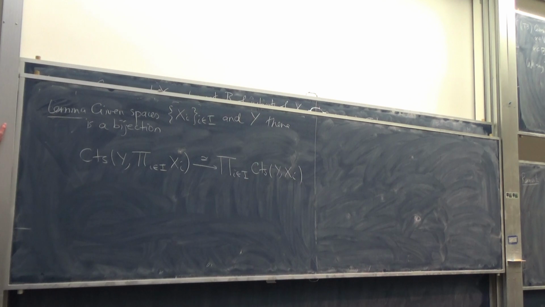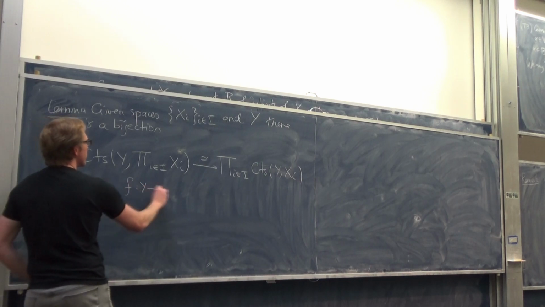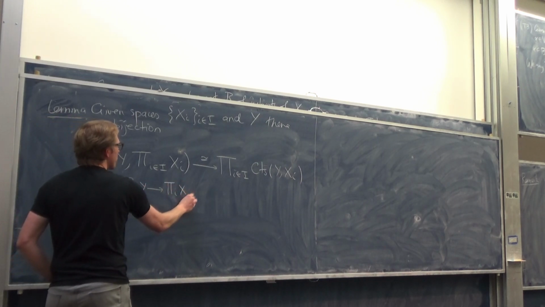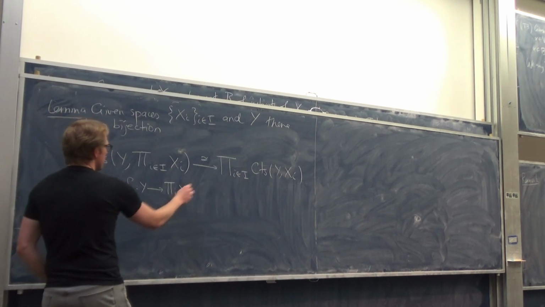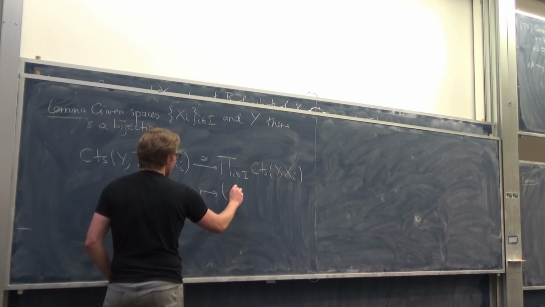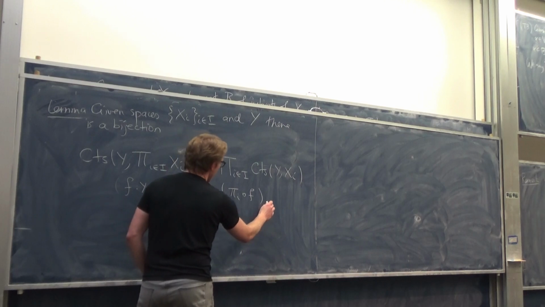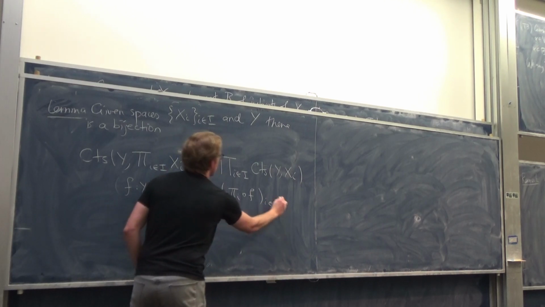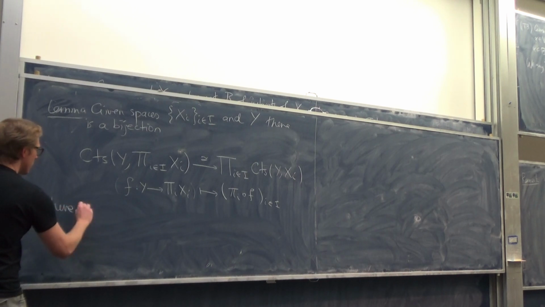So the fact that it's a bijection we'll think about, but there's only one reasonable way of defining this function, which is to send an f, a continuous map from Y to this product with the topology we've just given to it, to the sequence which is the projection pi_i after f for each i.